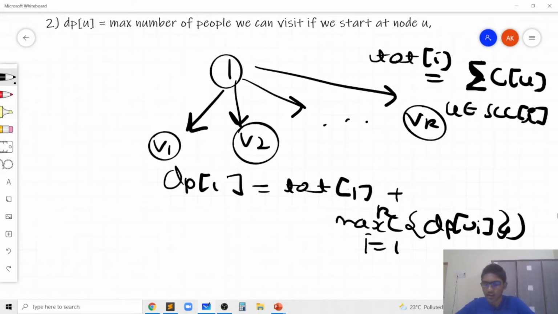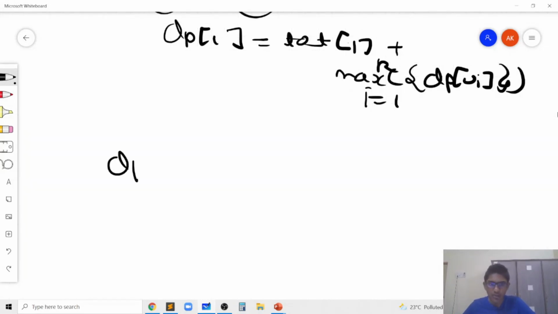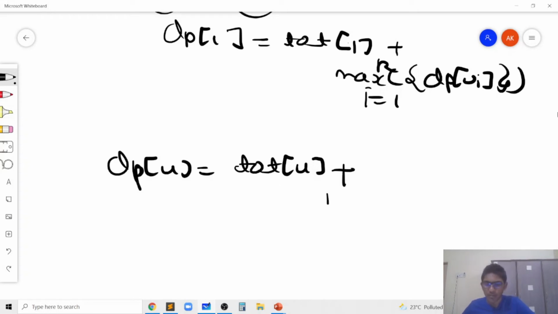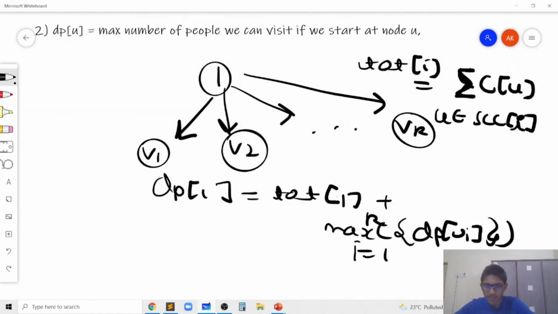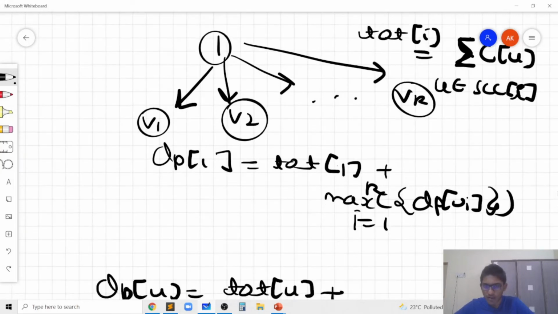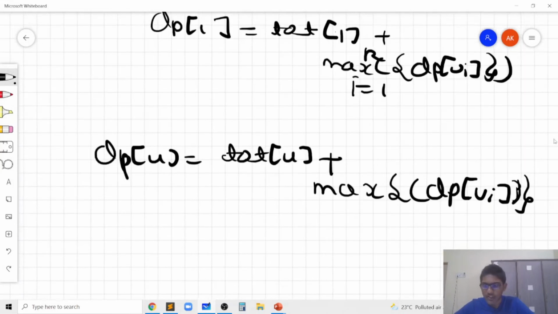and this is basically going to be dp of 1. And in general, we can compute that dp of u will be tot of u, which represents the total population for the strongly connected component u, plus the max over all outgoing edges. So basically, to get the children vi, we can store the edges in the normal way.